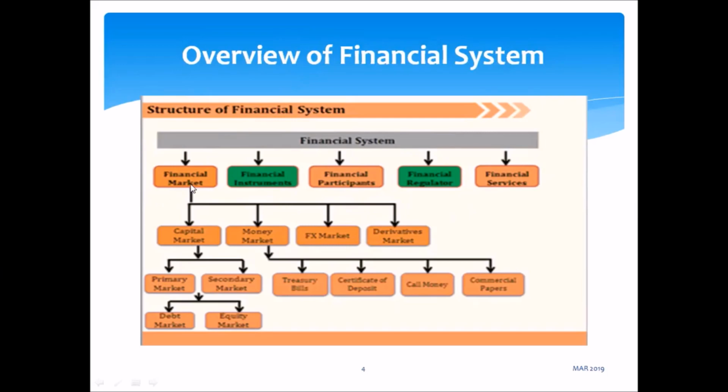And when you have to really boil down on the financial market itself, there are various asset classes which come into the picture. Capital market is mainly meant for those firms where you need to raise capital from the public, and that is done via a primary market.